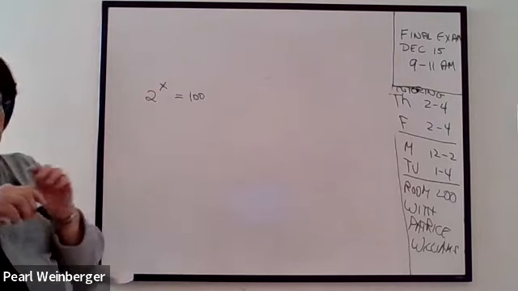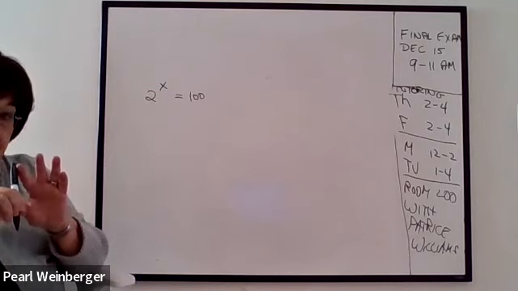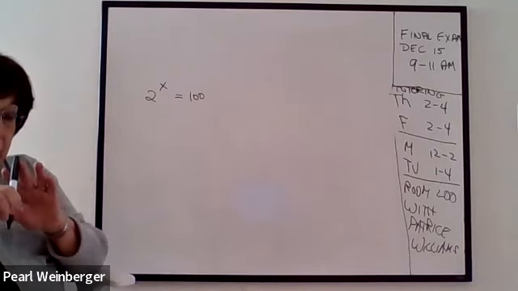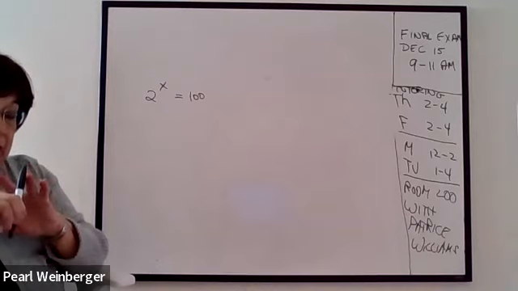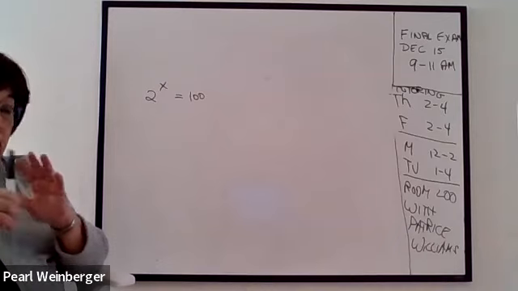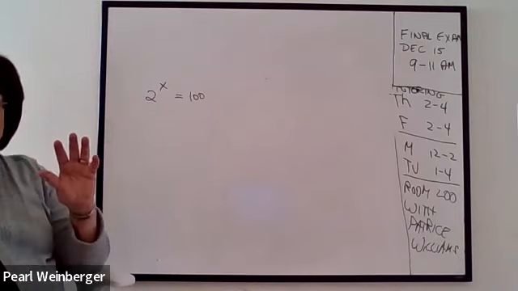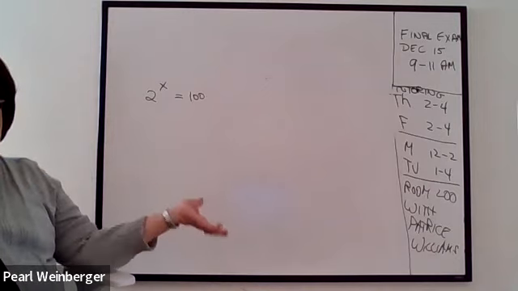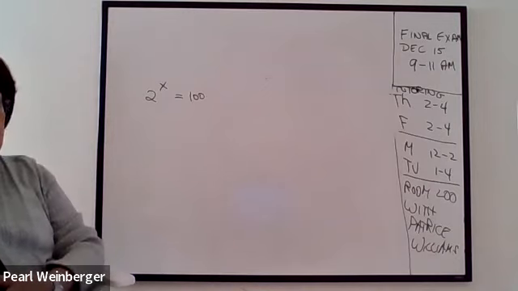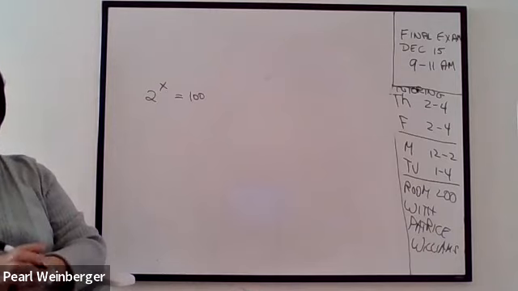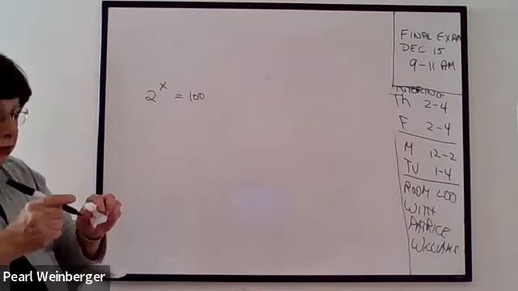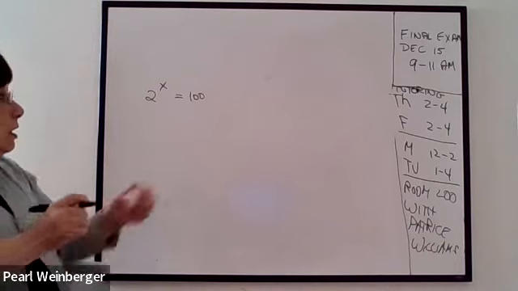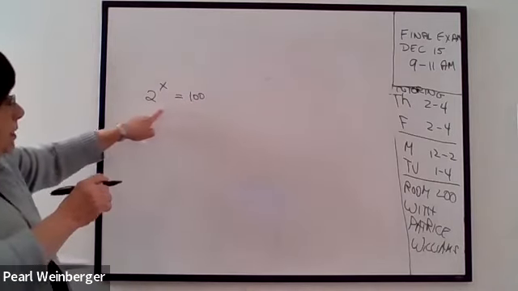And if I start going, 2 times 2 is 4, 4 times 2 is 8, 8 times 2 is 16, 16 times 2 is 32, 32 times 2 is 64, 64 times 2 is 128. I went from 64 to 128. I never hit 100. So I can't do this trying to put this number in base 2.